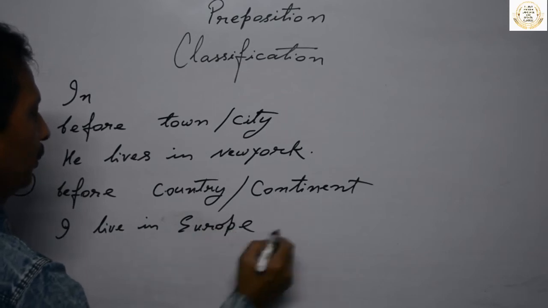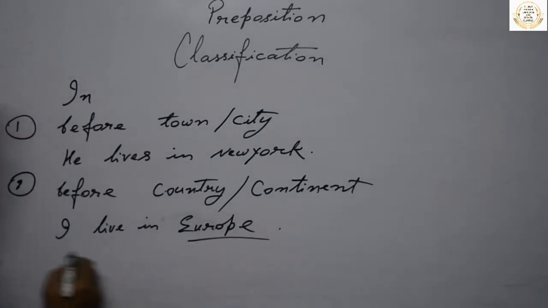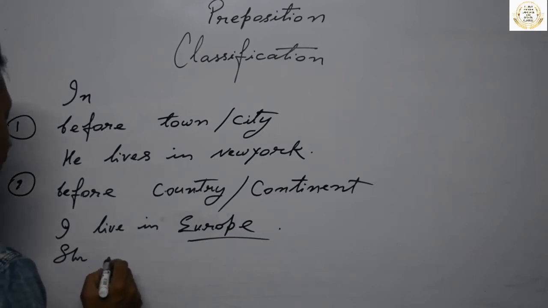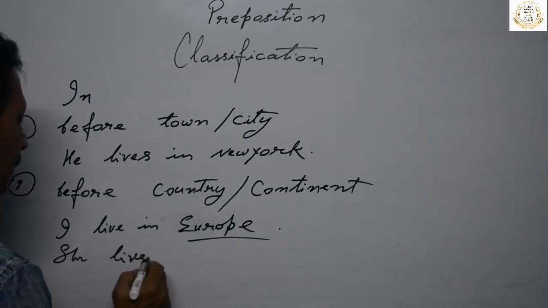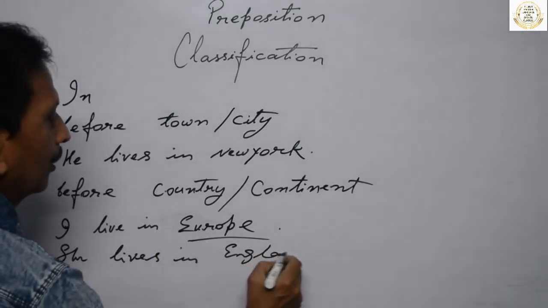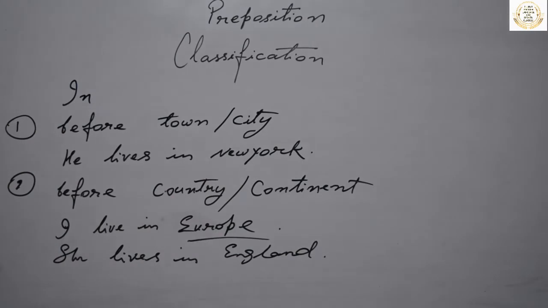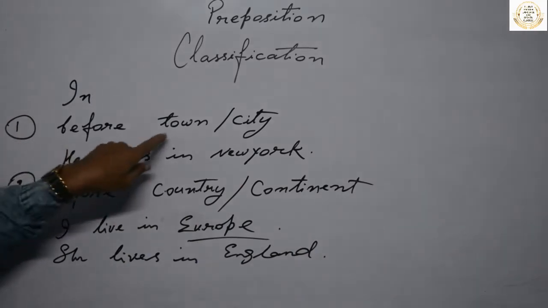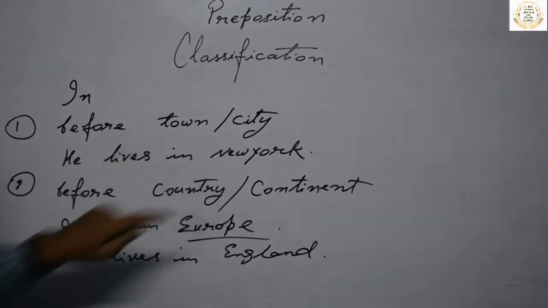I lived in Europe, this is a continent. Or she lives in England. Okay, like this you can write. This is one use of in, that you can use before a town or city.